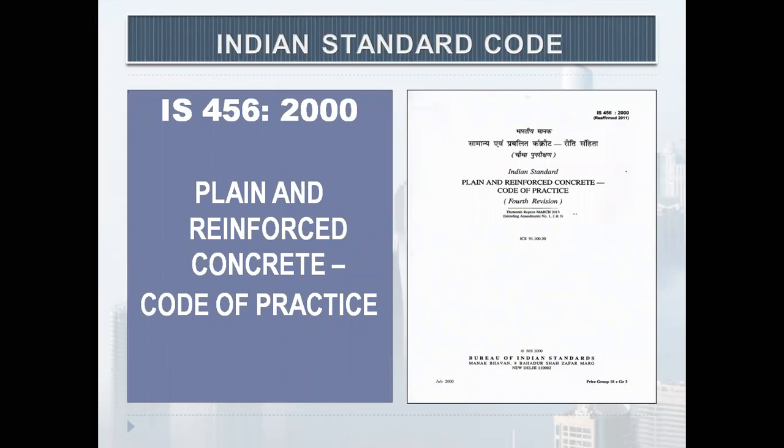So for designing, we want some limits, or some sort of instructions or standards, which are given by the Indian Standard. In India, everything which is going to be made has some specifications, right? Those specifications are mentioned in a particular booklet which is called an Indian Standard Code. Everything has its code.